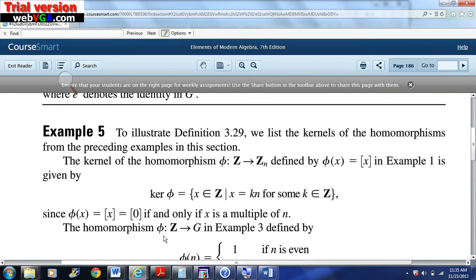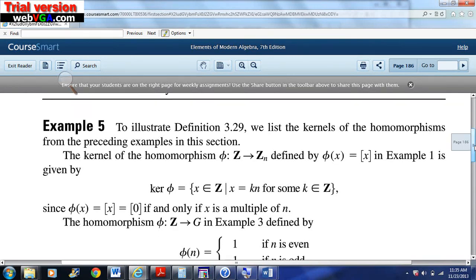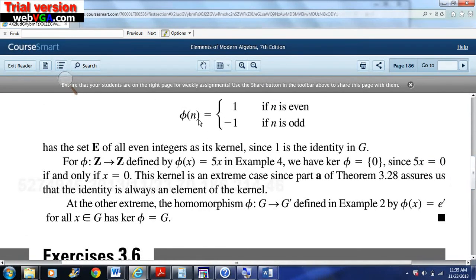The homomorphism phi such that Z is mapped into G, in example 3, defined by phi of n equals 1 if n is even, phi of n equals -1 if n is odd, has the set E of all even integers as its kernel, since 1 is the identity in G. So that's what we would have for the kernel. The set E of all even integers.